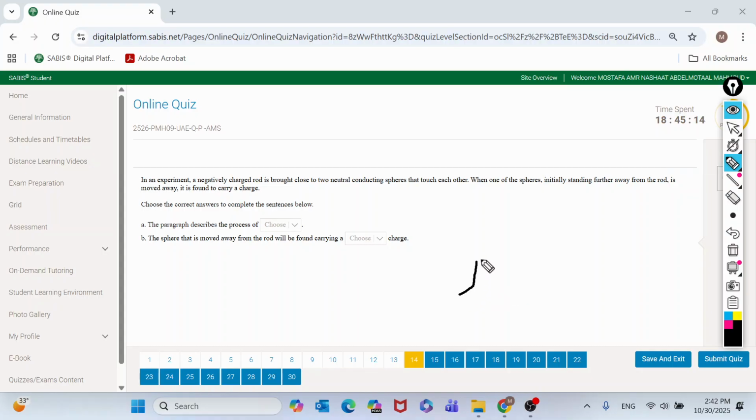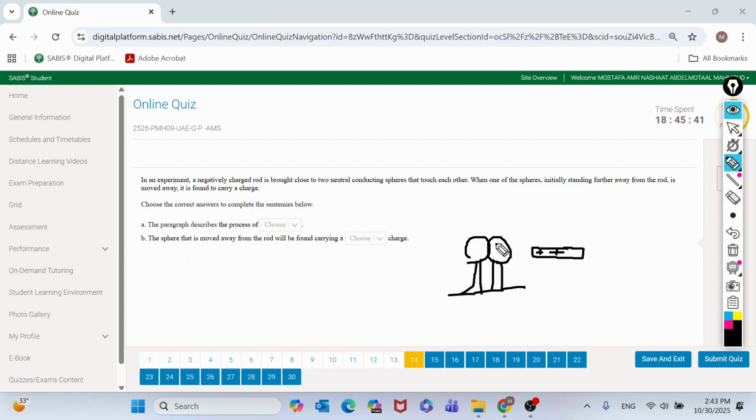Look, this is a stand, and you can move them in it. So you have two metal or conducting spheres, and they're both neutral. Then you bring a charged rod. It doesn't matter if it's positive or negative. Let's say it's positive. You bring it close to them, but they don't touch.